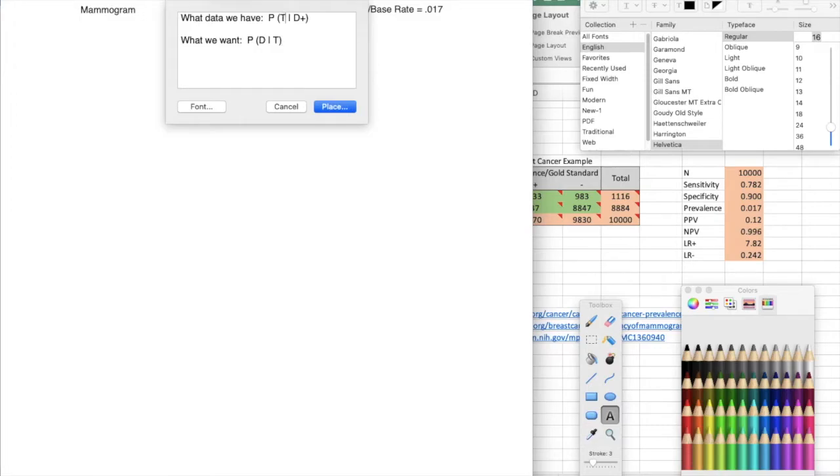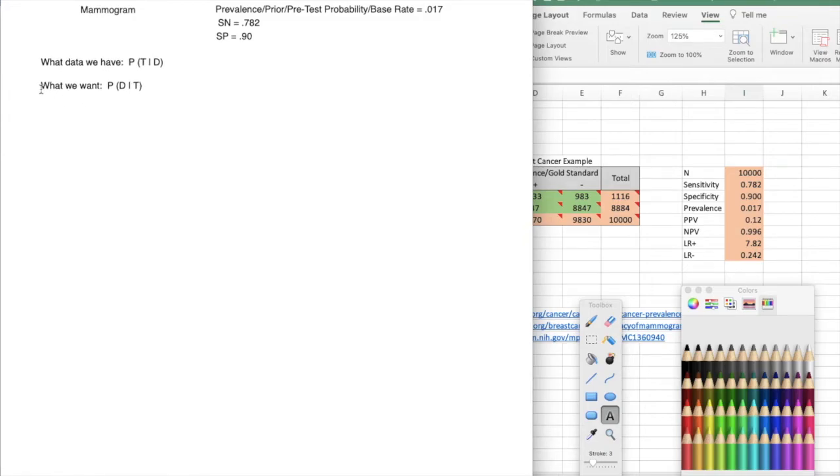I won't even say positive or negative, I'll just leave it here. So when we have kind of an inverse of what we want, a tree diagram is really useful. This is basically doing what we just learned how to do by hand, but I think it's a really nice illustration for understanding these things. So we're going to make a tree diagram to basically find the predictive values that we had already found.